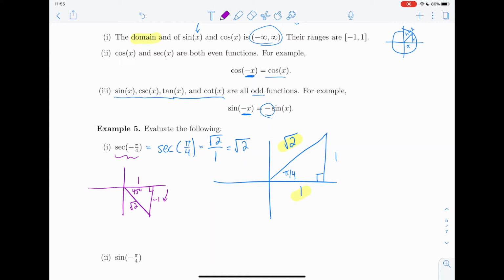But then you'd remember ASTC, so what that means is that cosine is going to be positive. Indeed, in this case, you're going to have that secant is going to be hypotenuse over adjacent. And so with this explanation, the secant of negative pi over 4 is equal to, again, square root of 2 over 1, which is just square root of 2. And so you get the same answer either way.